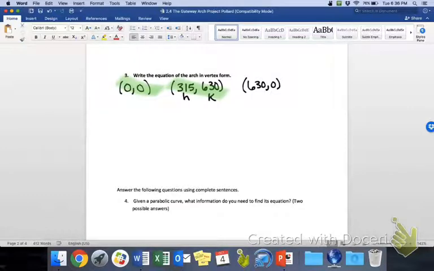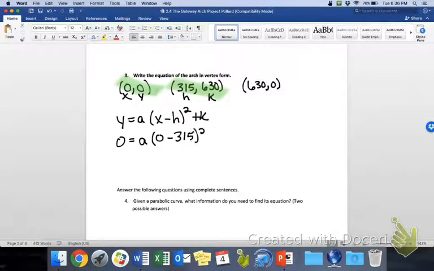I'm going to use 0, 0 because it seems to be easier than 630, comma 0. So I have my x and y. I'm going to have y equals a times x minus h squared plus k. So 0 equals a times x minus h squared plus k.